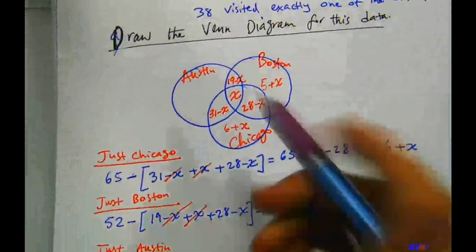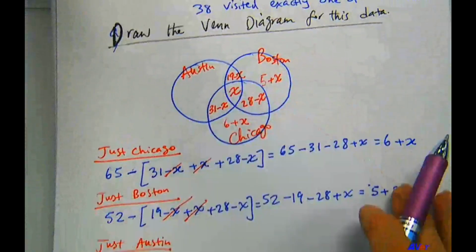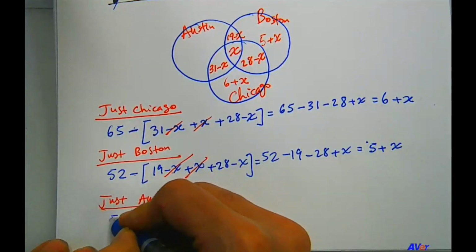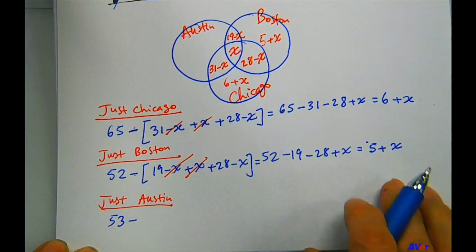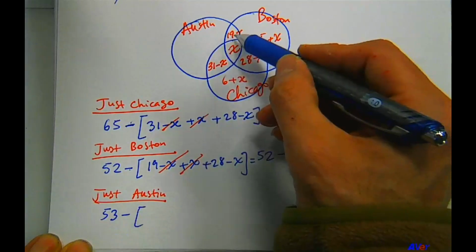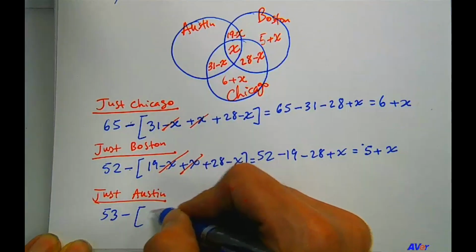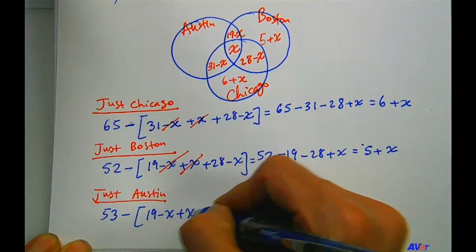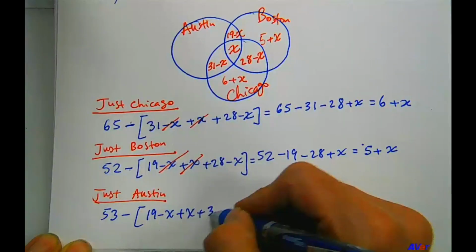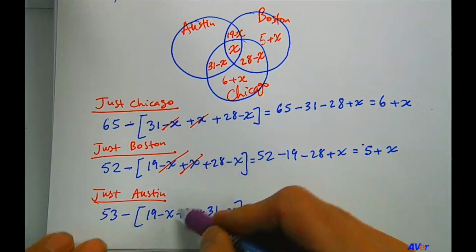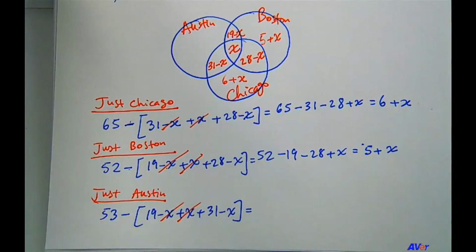So to figure out how many visited just Austin, we will do 53 minus all of this, 19 minus X, plus X, plus 31 minus X. Again, the minus X and plus X add up to 0.